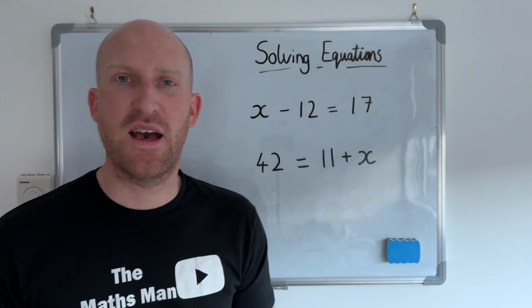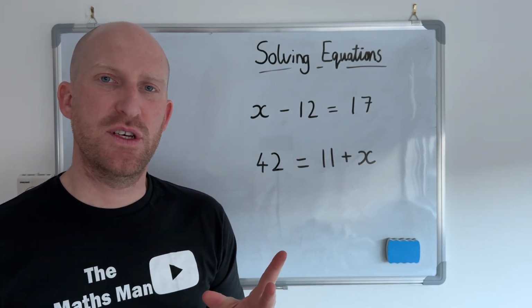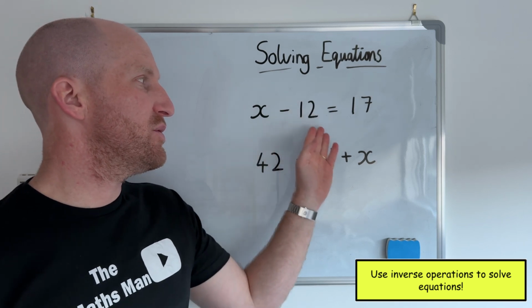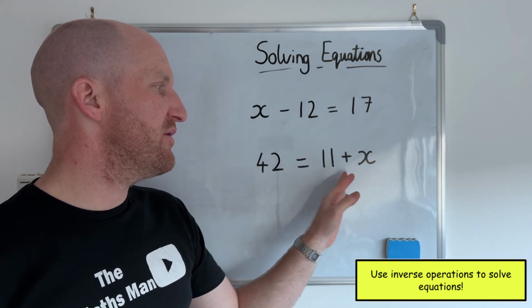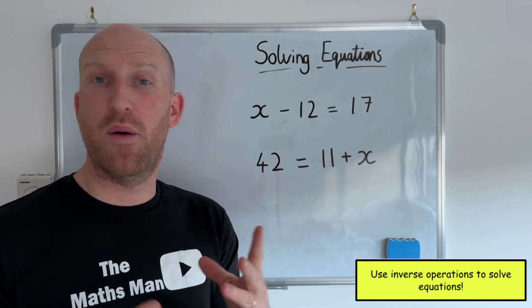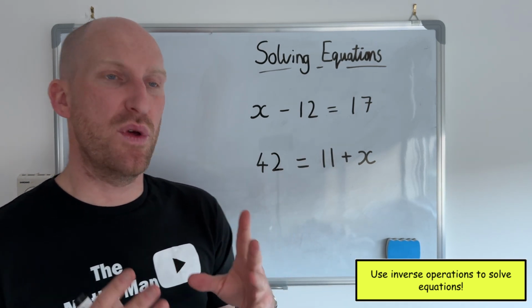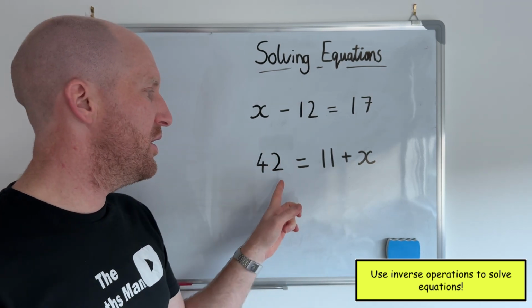So on the board in front of me, I have two more examples of one-step equations. Okay, we have x take away 12 equals 17, and we have 42 equals 11 plus x. Now what's strange and what might look a little funny at first with equations is that sometimes we have the answer coming first.